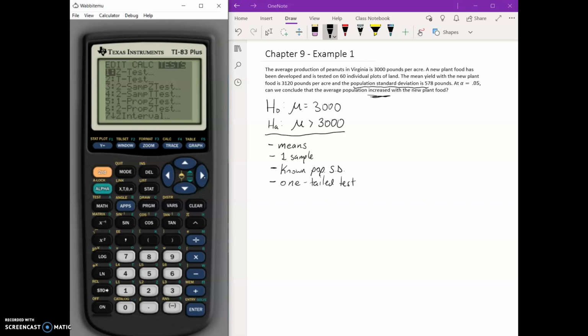When you're looking for means, one sample, known population standard deviation, these three tell us that we are going to use a Z-test. So we'll just choose enter. Now up top, you have two options. You either have data or you're going to have stats.